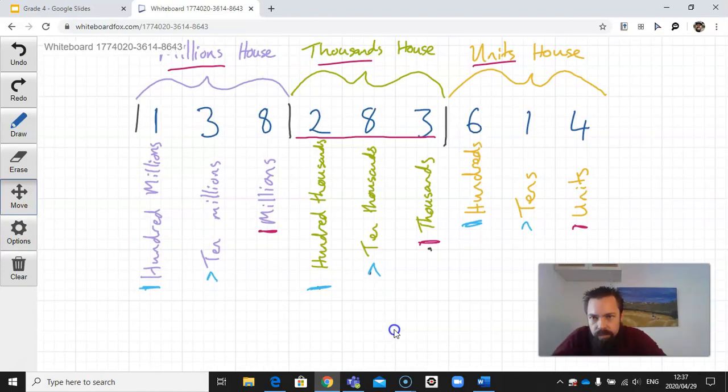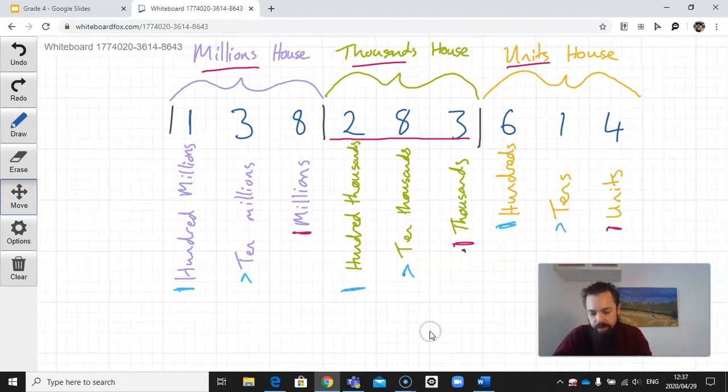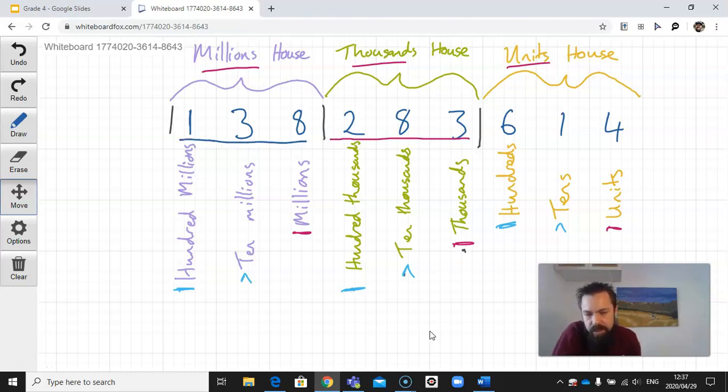So I'm going to shift it a little bit up here so I've got a bit more space. I'm going to look at the first part. I had 138 over there. So I'm going to write 138.